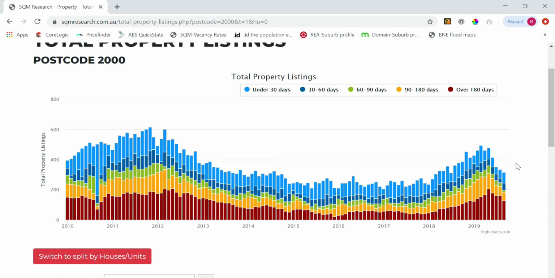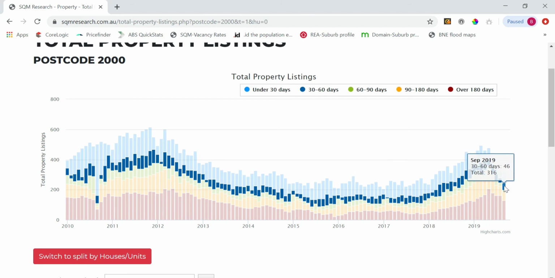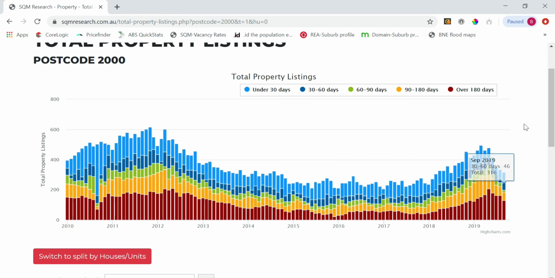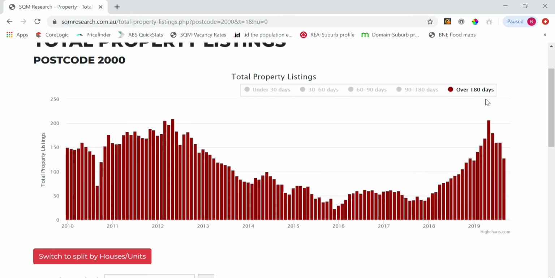By using information here at SQM, we can actually look at it and see over time how many are under 30 days, 30 to 60, and what we can also do is isolate what we might call distressed listings. We can see that anything that's over 6 months, 180 days, looks like it's peaked in May 19 and it's come down a little bit. So you could say that's one good sign for this area.